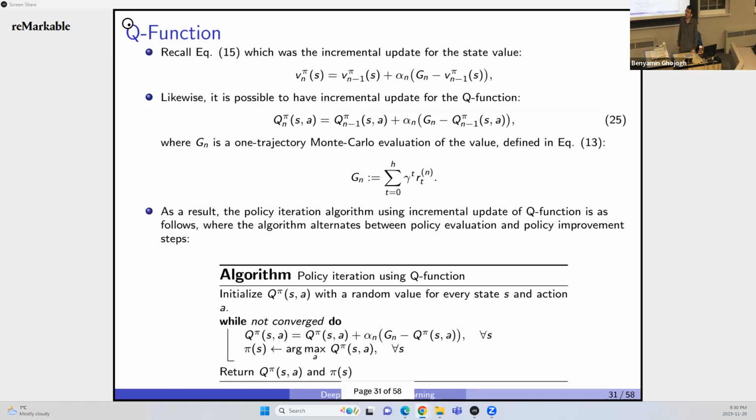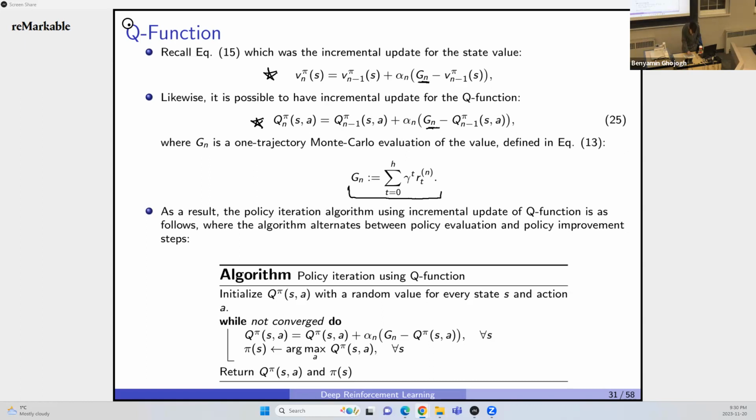Do you remember temporal difference for value? We can also have temporal difference for Q function. So this is the temporal difference that we talked about for value. Now replace V with Q, Q of S and A. Interesting. And G_N here is, as before, the total discounted reward.